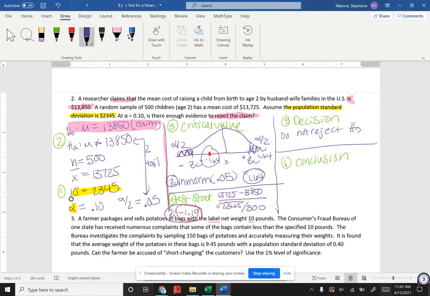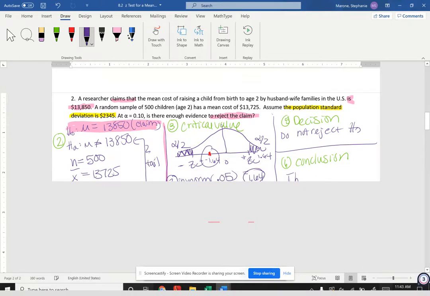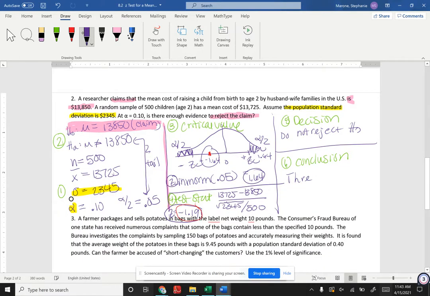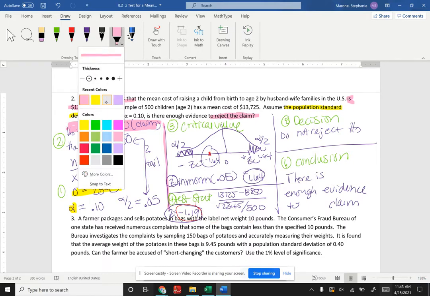And the conclusion, there is or is not enough evidence to either reject or support the claim. So since it's a non-rejection region, we do not reject the null hypothesis.